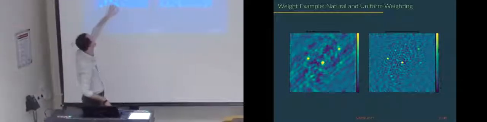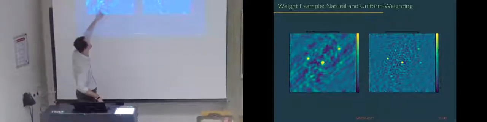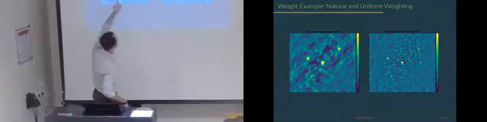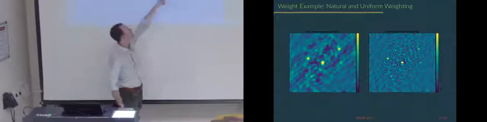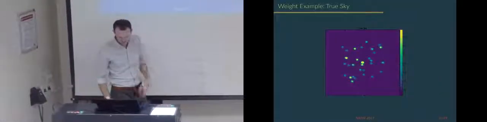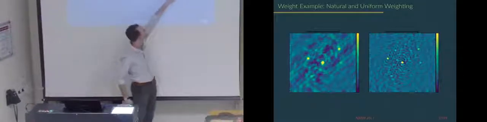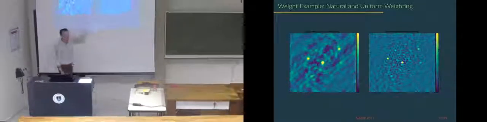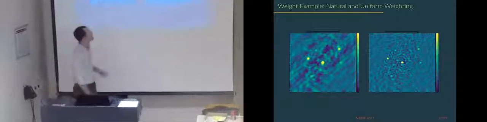So even though there are some sources here, they're harder to see, versus this uniform weighting where you can tell that there are sources here. Go back up to this. There are sources down here. You can make them out, but here they're basically blurred out. It's very noisy.